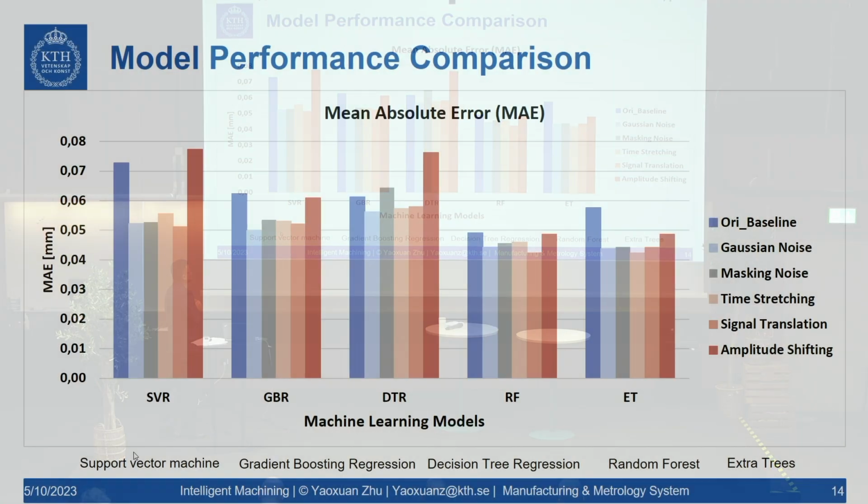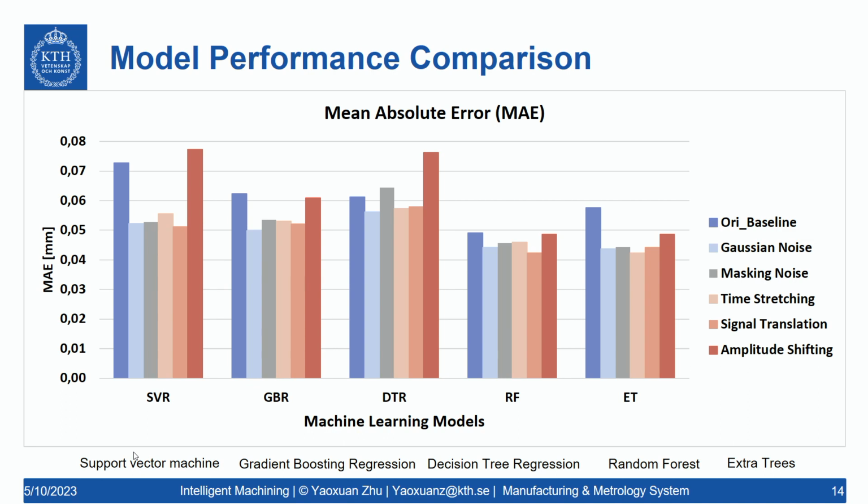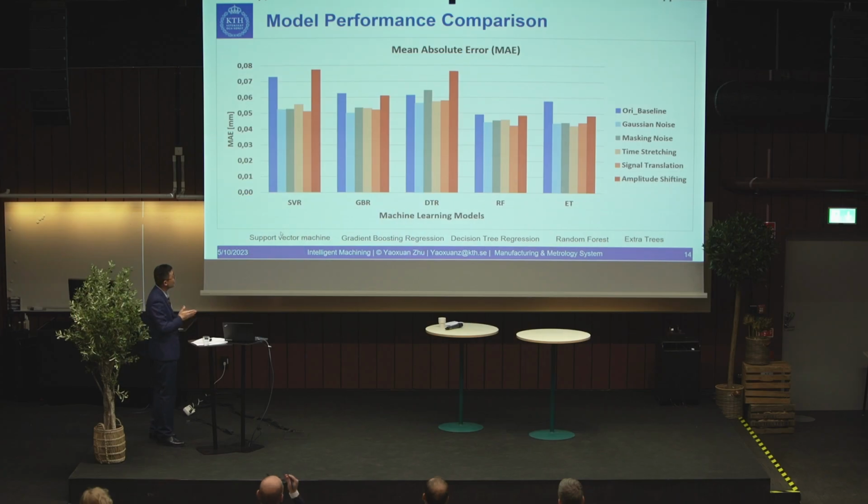Here are the MAE results, mean absolute error. For each machine learning algorithm, the deep blue bar represents the MAE value provided by the model which is only trained using original data.